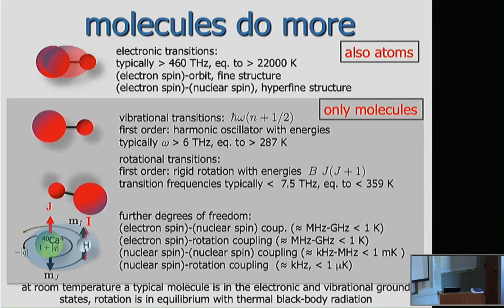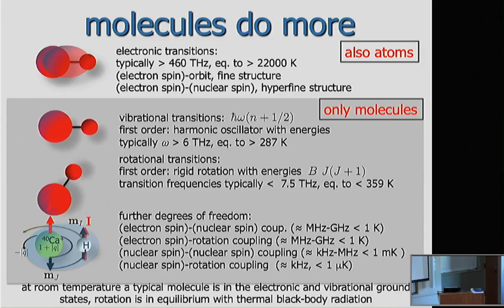There is also, if the charge and the center of mass are not in the same place, a charge that goes around the center of mass, which creates a magnetic moment. That's called the rotational magnetic moment. And so all these degrees of freedom can interact with each other. You have a lot more couplings.